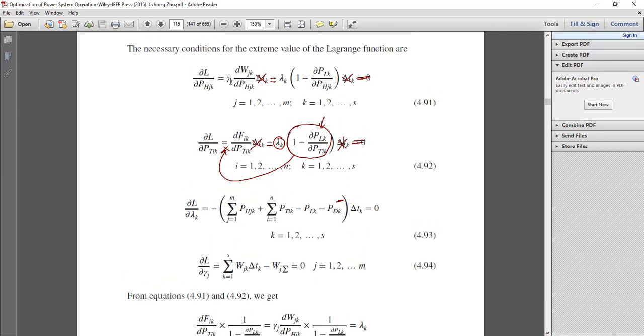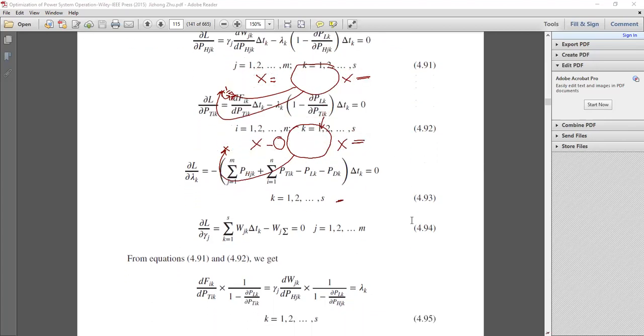So the gamma j dWj by dPhjk, and again you can take the whole thing to this side, and you can multiply it by 1 upon the whole thing, whatever you have here, that is 1 upon 1 minus dPlk by dPhjk, and both of these will be equal to lambda k.